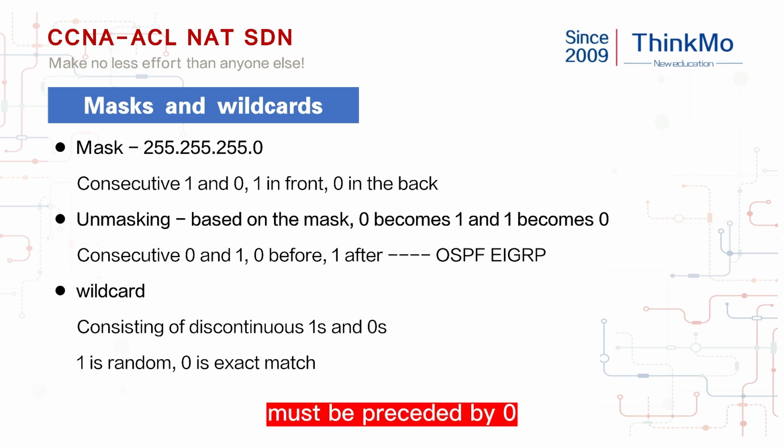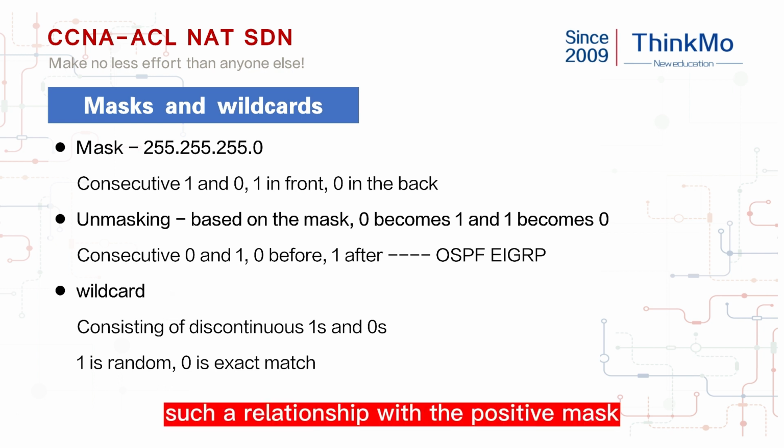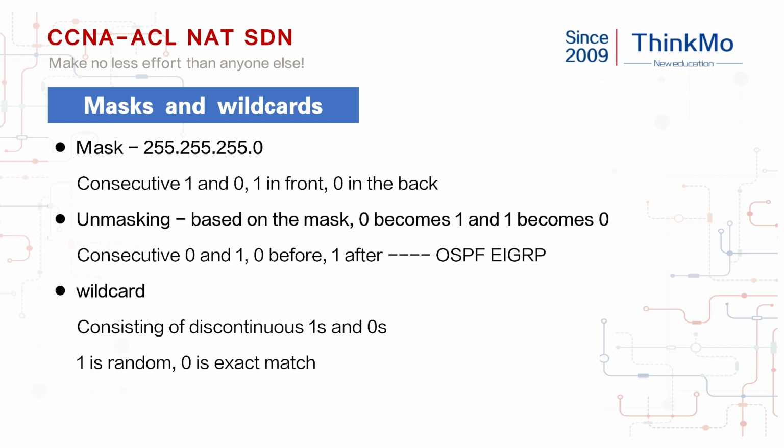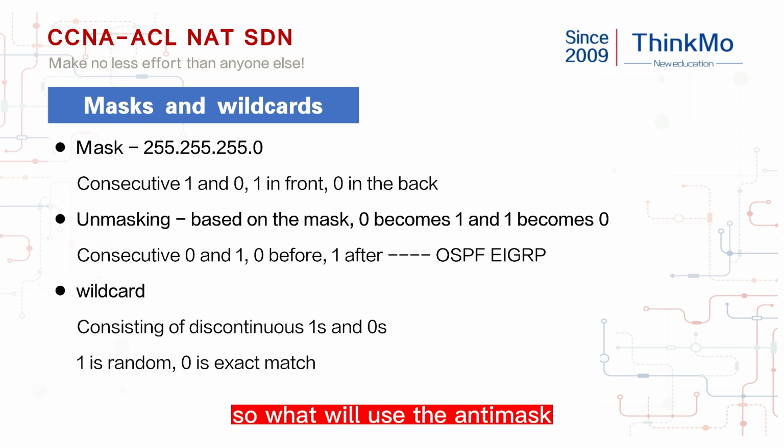It must be 0s first, then 1s after. This is called the anti-mask. It is exactly the opposite of the positive mask.